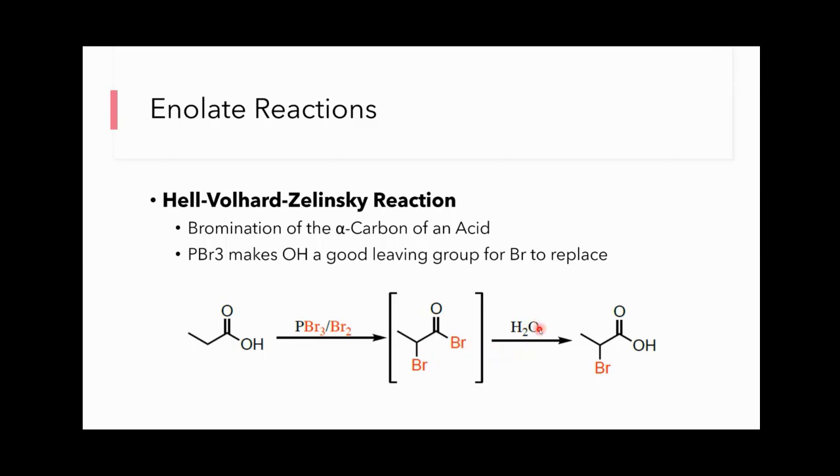So you get two, and then when you add water, it's kind of like reacting an acyl chloride to make a carboxylic acid, but here we have a bromine, so you just add water. Water is basically a nucleophile that will replace this Br and get OH.